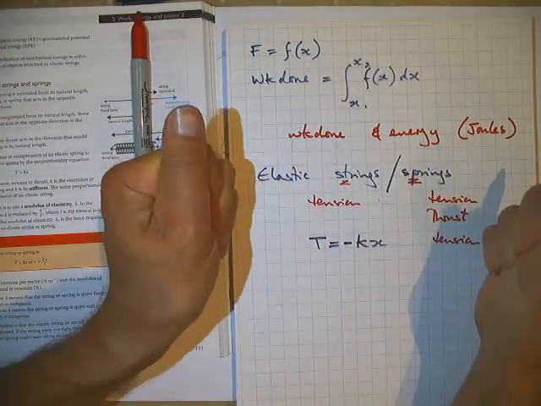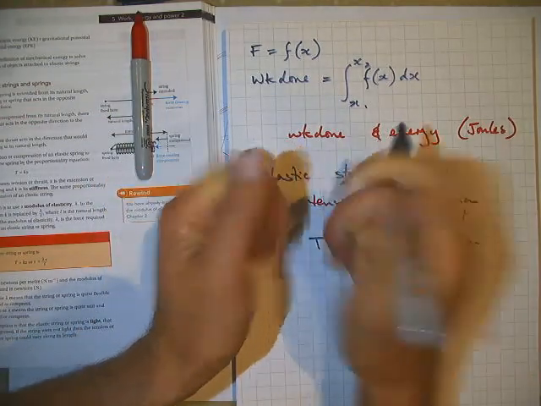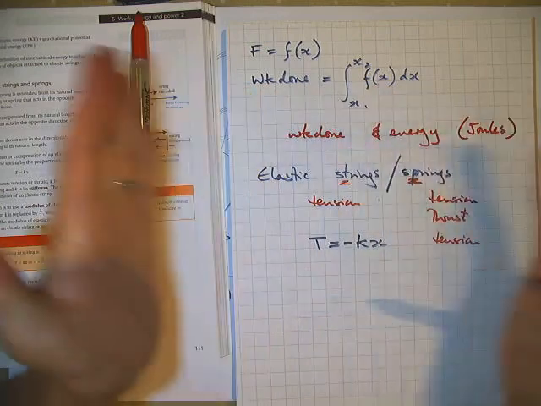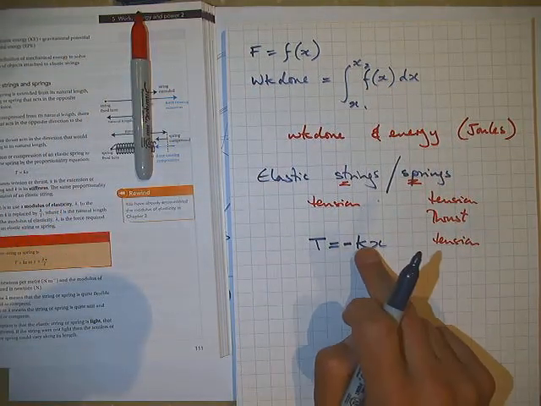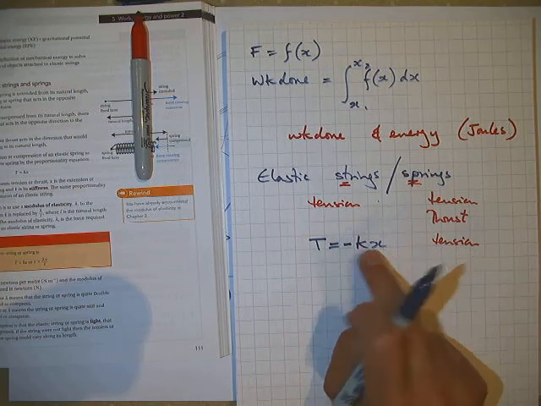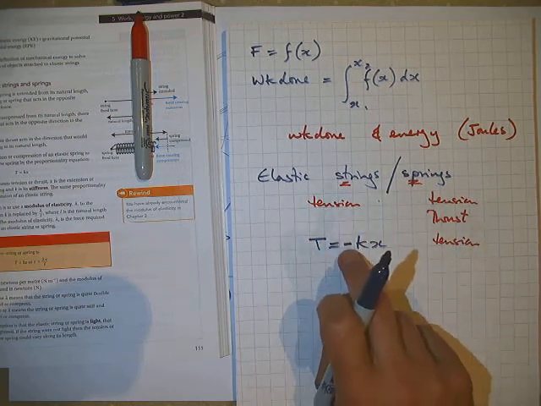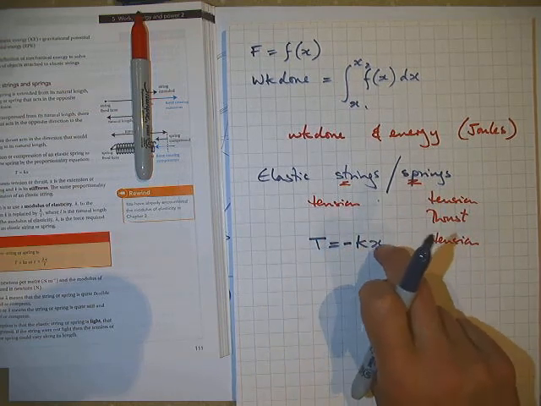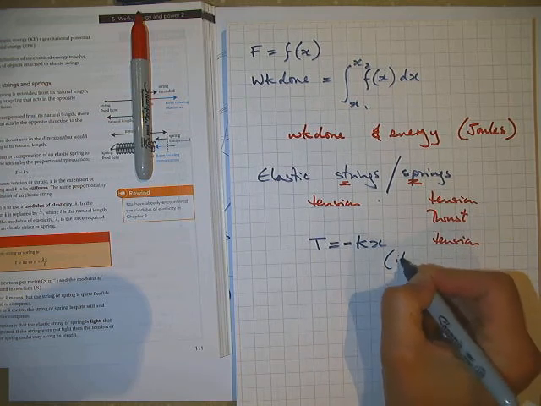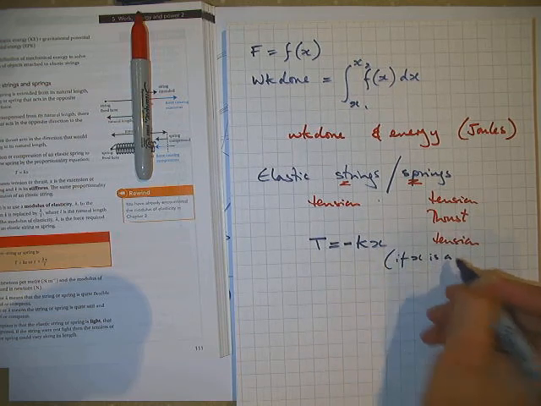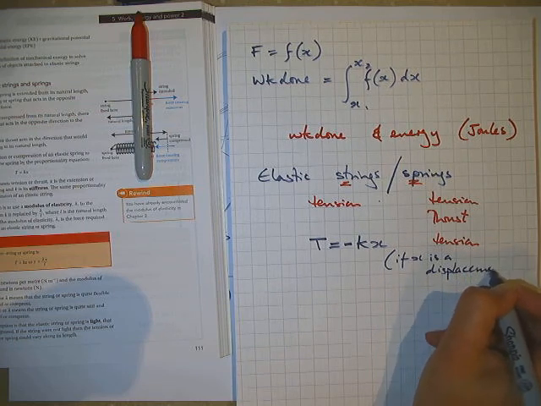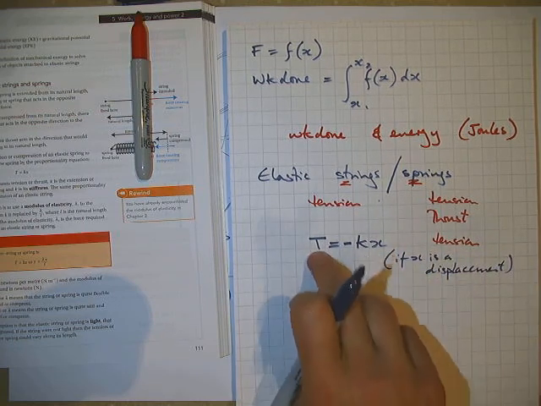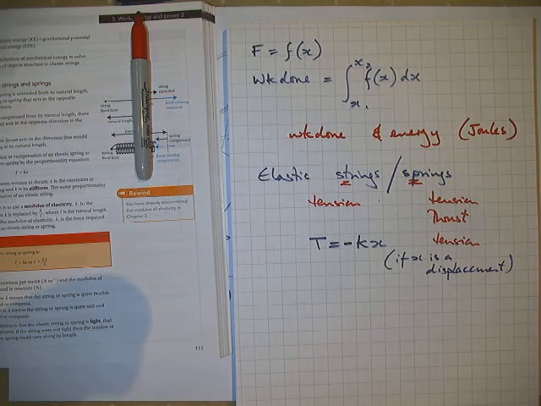If you extend it, the tension is that way. If you squash a spring, the force is that way. So I'm going to say the tension and the thrust are a positive value multiplying x, but then the whole thing is negative if x is a displacement, making both x and T vector quantities.